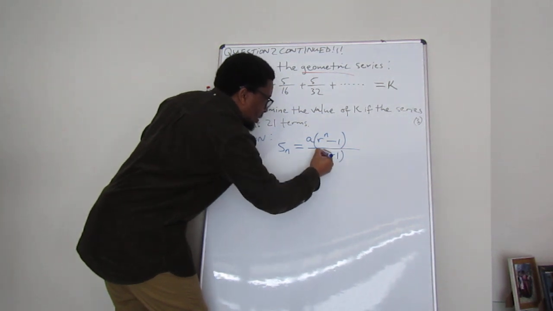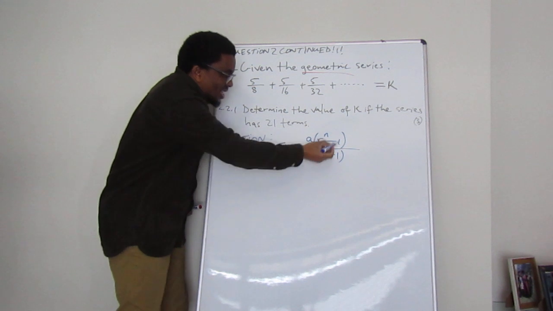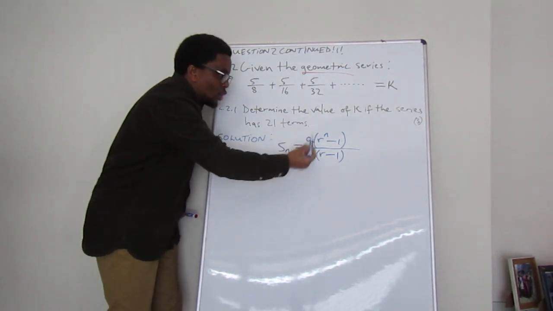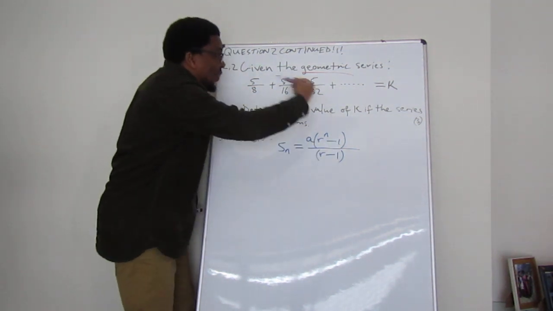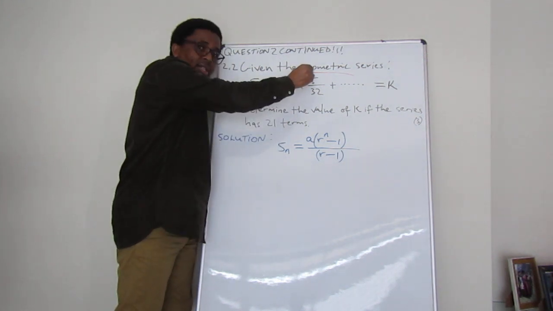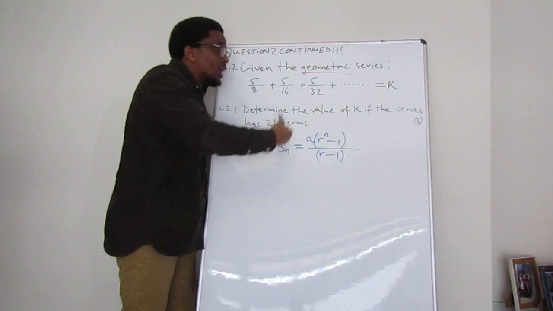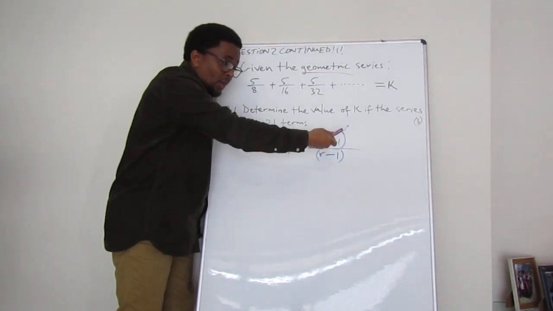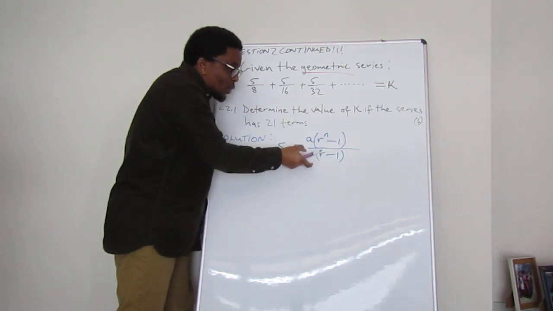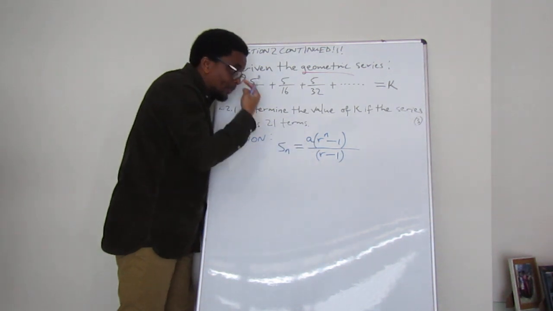I'll just also put brackets there. So this is the formula that you use for the geometric series. This formula you don't have to memorize. It comes with the formula sheet you will be given. So this is the formula that we use.